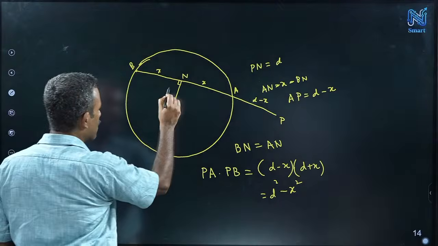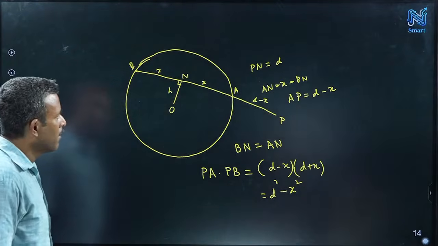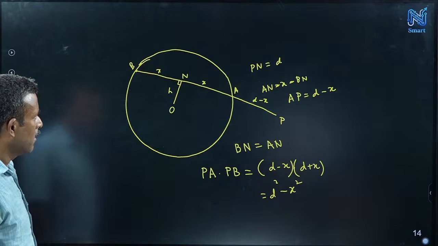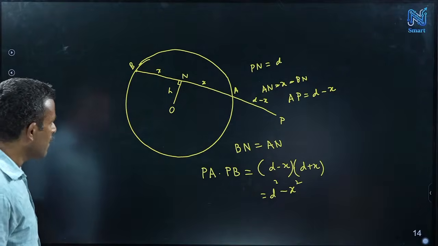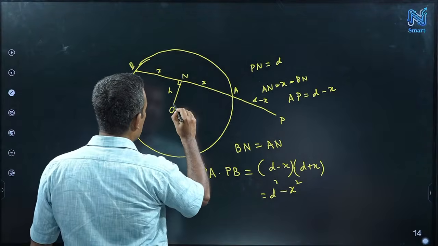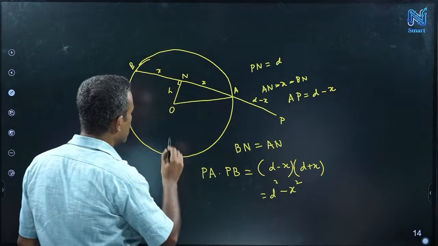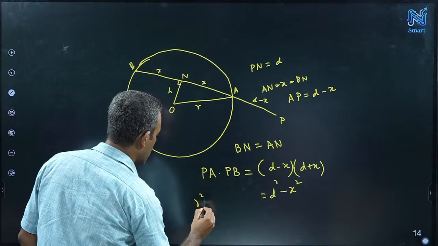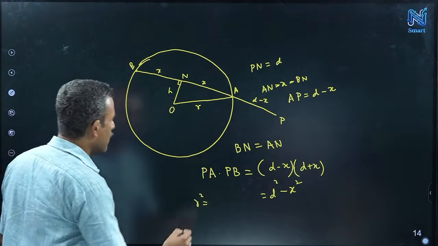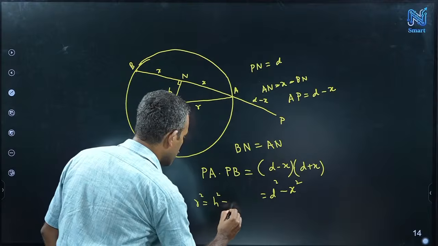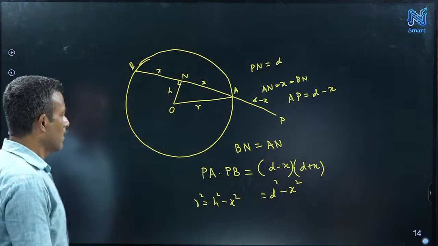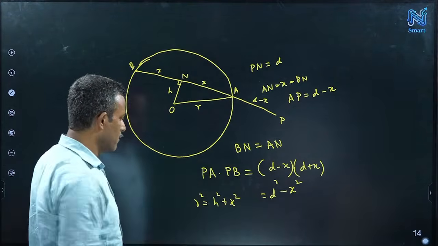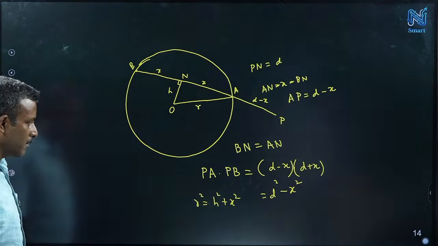Now say this is H, and this is R, the radius. So what is R square? It is A square plus X square, right?